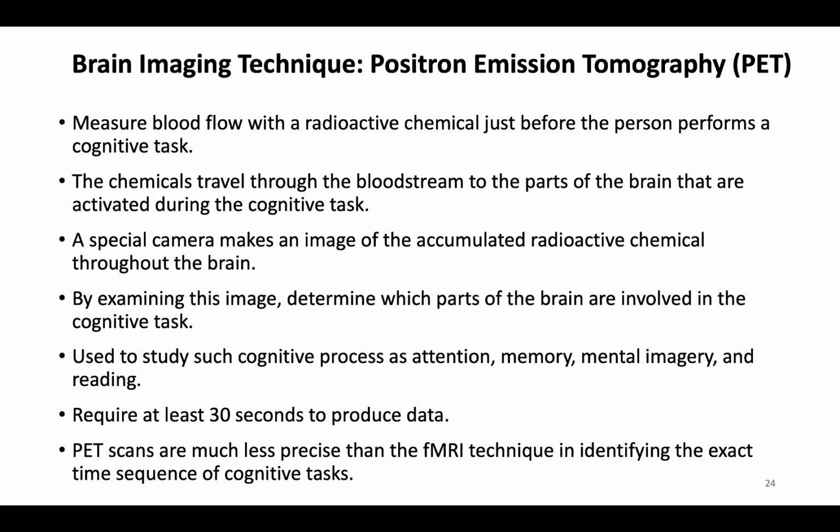For PET scan, a special camera makes an image of accumulated radioactive chemical throughout the brain. By examining this image, researchers determine which parts of the brain are involved in the cognitive task. PET scan is used to study such cognitive processes as attention, memory, mental imagery, and reading.